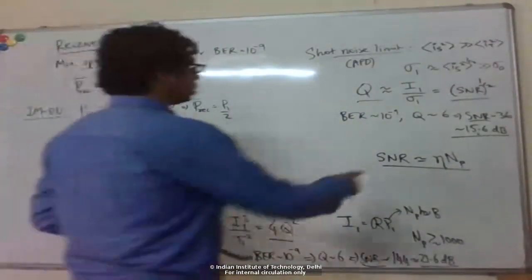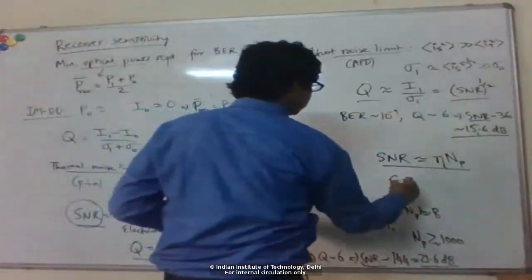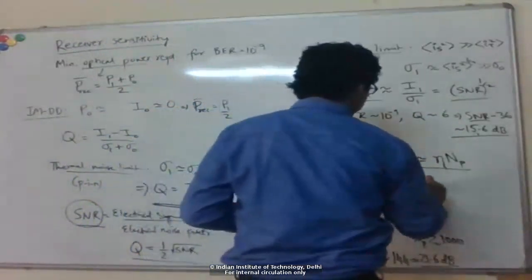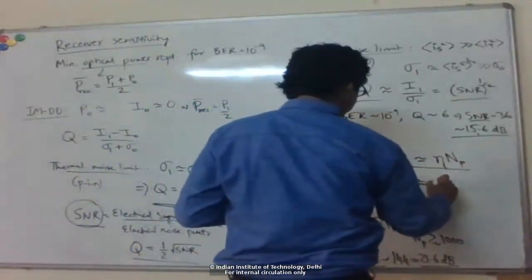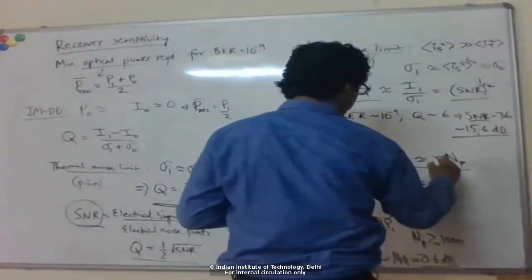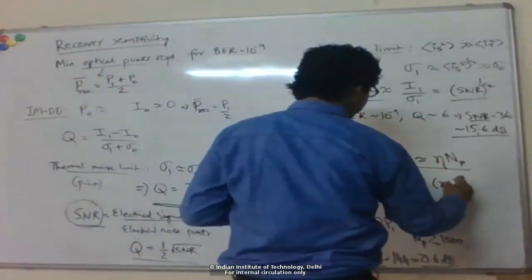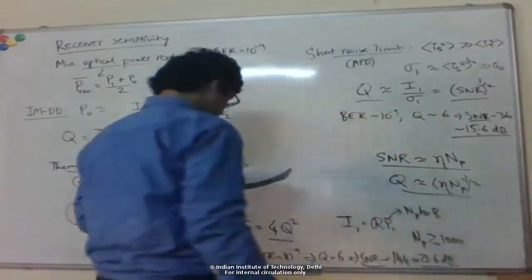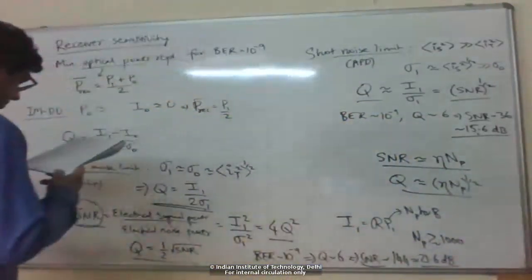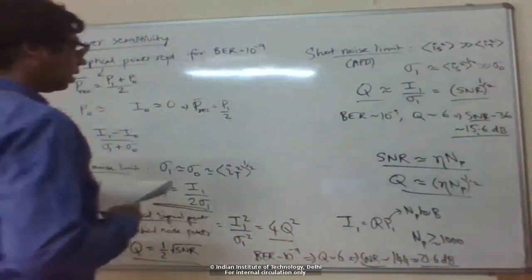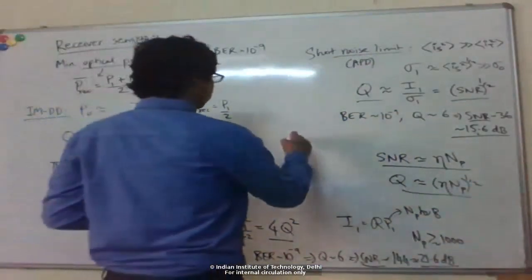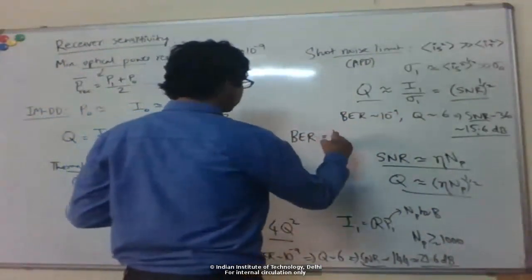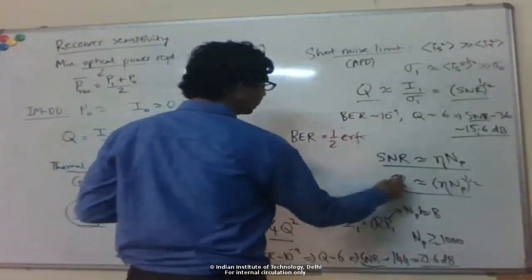So basically what we are saying is the Q factor can be written in terms of the photon number as just the square root, and typically quantum efficiencies are 80-90%, we said. So the Q factor is roughly just the square root of the photon number. And again, recall the expression for the BER that we derived last time was this complementary error function of the Q factor.